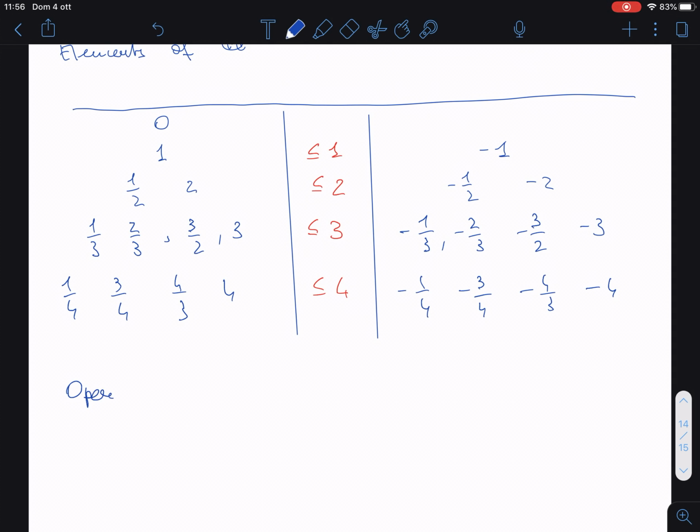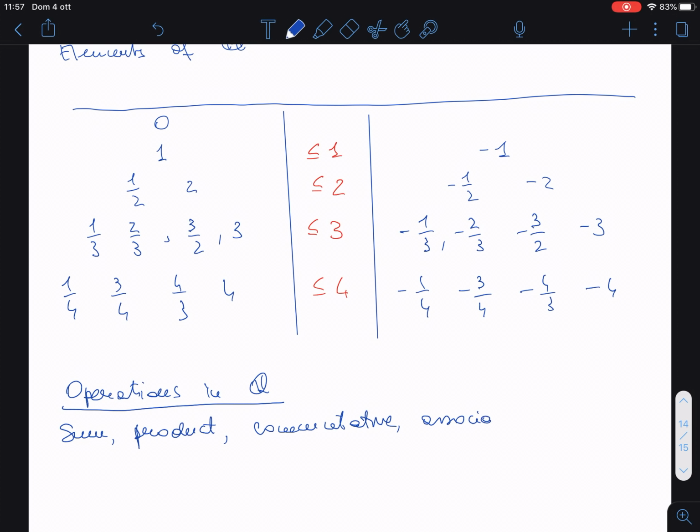Okay, which are the operations of Q? They are the usual ones, but they are more complete now. You have again sum and product, which are commutative, associative, and distributive.